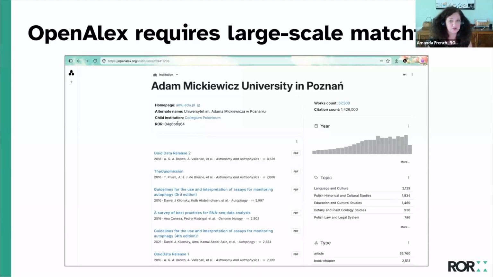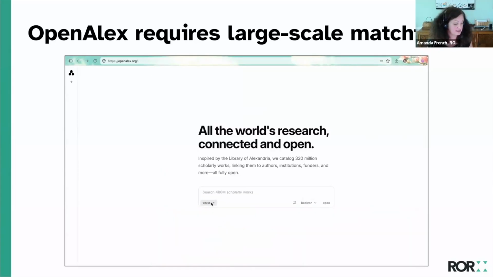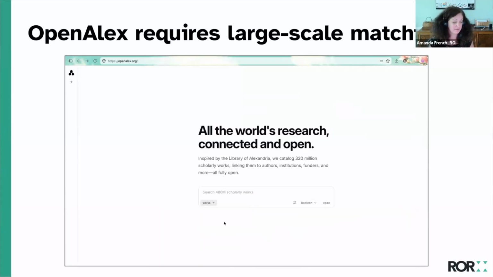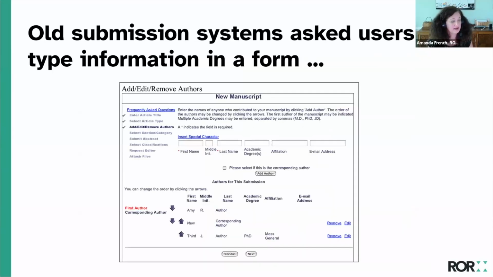So OpenAlex was one of the key use cases where they needed a matching service. And there are lots and lots of large-scale services like this that need to develop programmatic matching or use ROR's programmatic matching service.